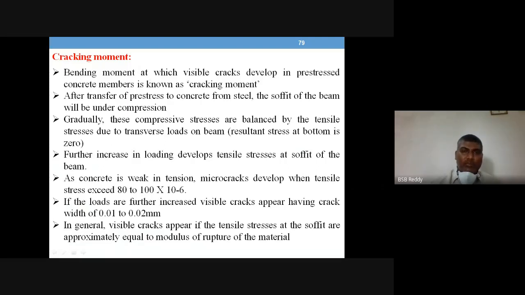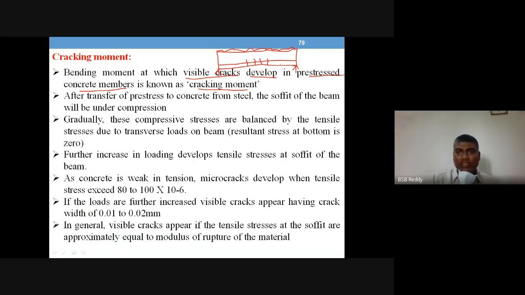The bending moment at which visible cracks develop in pre-stressed concrete members is known as the cracking moment. For example, if you have a pre-stressed concrete member, pre-stressed by a cable, something like this, and we are applying some live load and dead load on the member, as you go on increasing the load, somewhere it is going to develop cracks.